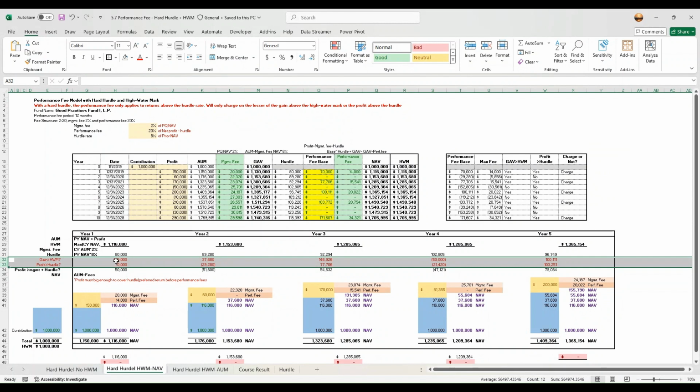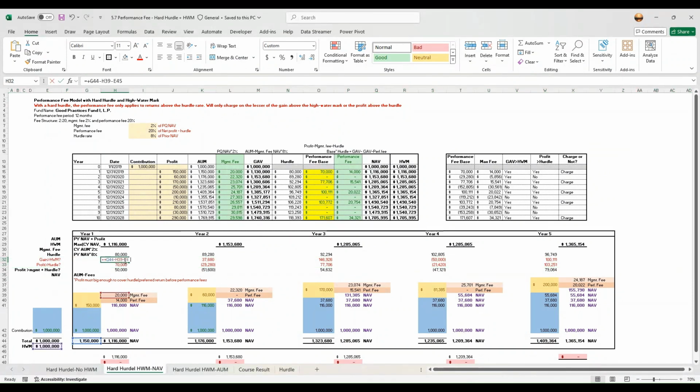For a hurdle rate model, we compare the gain versus the high watermark in the last period, and then we see the difference between the profit and the hurdle. And then we will need to use the lesser of these two numbers as our performance fee base.